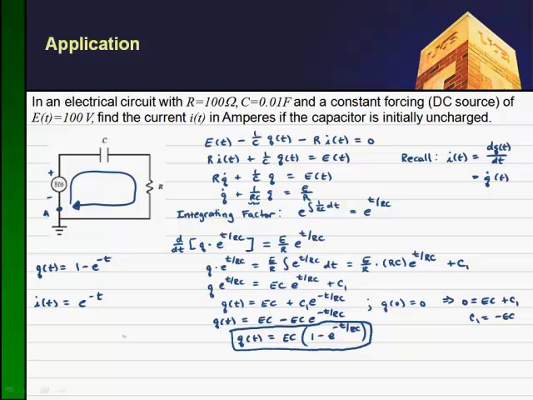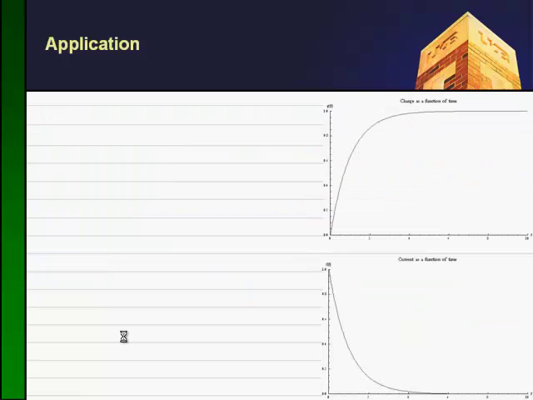So let me just go to the next page, and let's see what we have here. Okay, so I have Q of t is 1 minus e to the minus t, and we said that I of t was just e to the minus t. And if we look at the plots over to the right, it should be clear that if I do a steady state analysis, I'll take the limit as time t goes to infinity on Q of t.